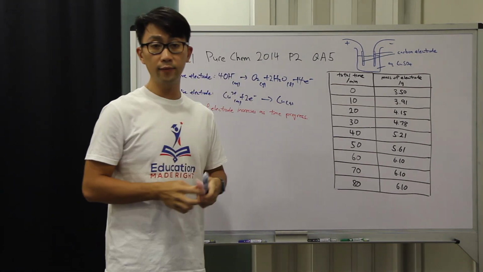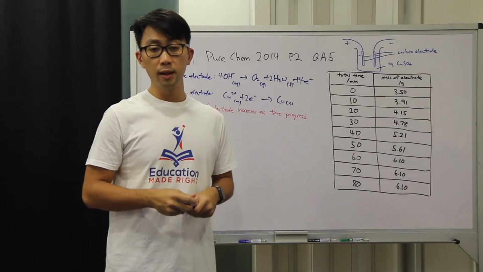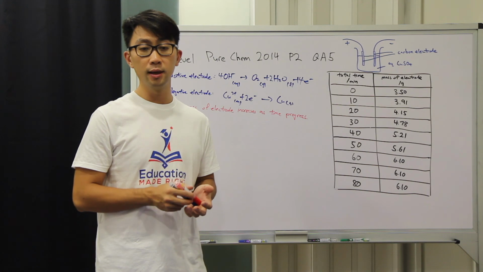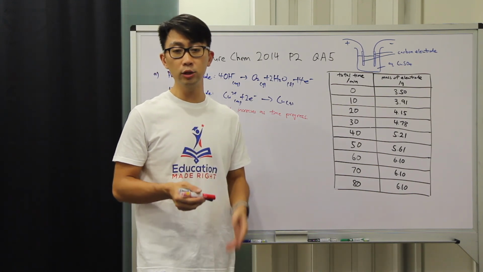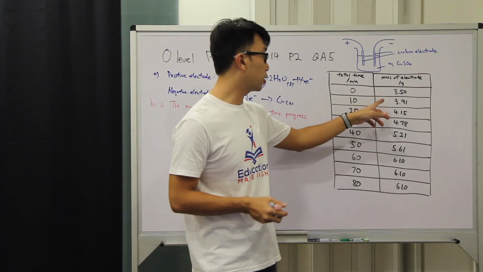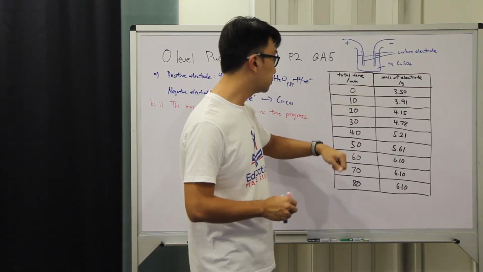Let's have a look at part 2. The student makes an error in recording one of the mass readings. Which result is most likely to be an error? Explain your reasoning. So let's look at the trend of the mass of the electrode.